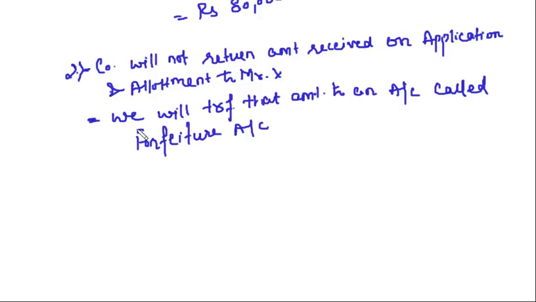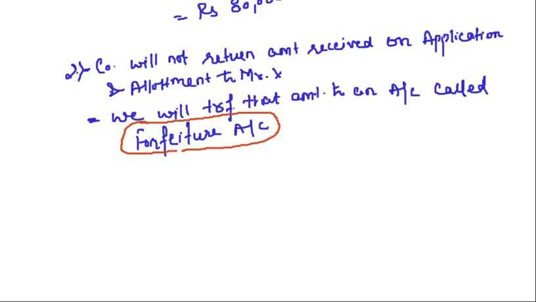To an account called forfeiture account. So Mr. X defaulted, then whatever money we have received from Mr. X, we are not going to return that money to Mr. X. Instead, what we are going to do, we will transfer that money to an account called forfeiture account. Clear?